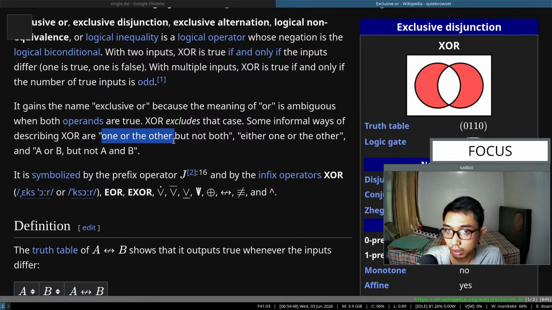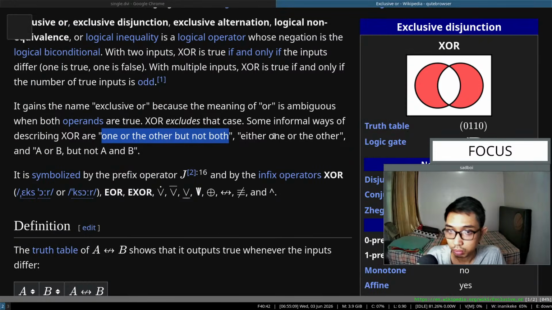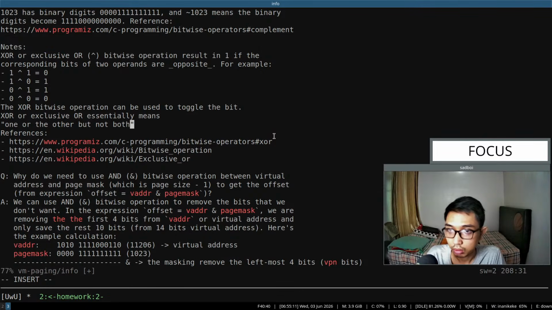One or the other but not both. I prefer this informal way of saying XOR, I guess. Maybe using that one: one or the other but not both.